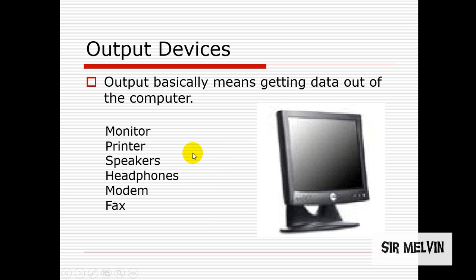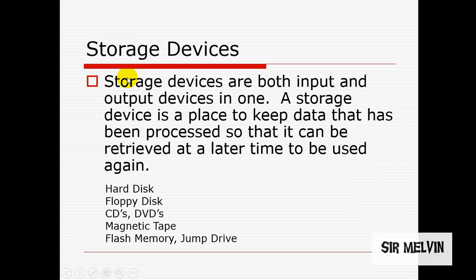How about the output devices? Output basically means getting data out of the computer. The examples are monitor, printer, speakers, headphones, modem, and fax. While the storage devices are both input and output devices in one.